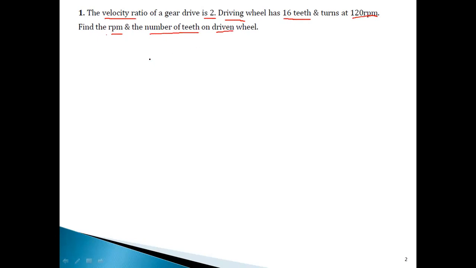Already you have studied how we calculate the velocity ratio. Velocity ratio is calculated as the ratio of the speed of the driven gear N2 divided by the speed of the driver gear N1, which is equal to, how do we write the number of teeth?